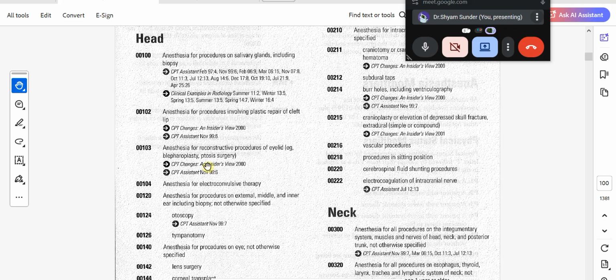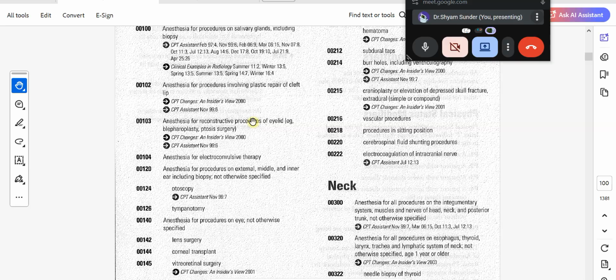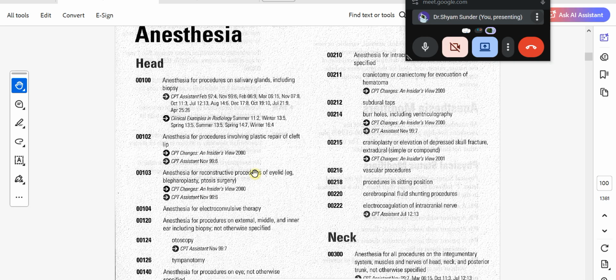So, what are the organs you find in the head? Of course we have the skin, muscles, bones, skull bones. There is a brain, and of course eyes, ears, nose, mouth region. So surgery can be done in any one of these regions, for which the anesthesiologist is providing anesthesia.